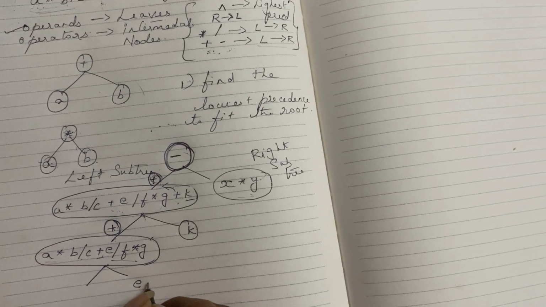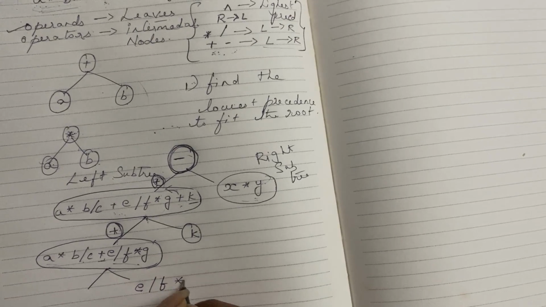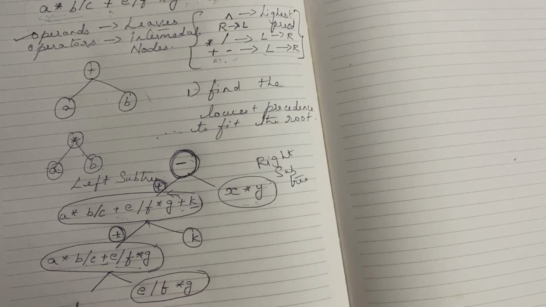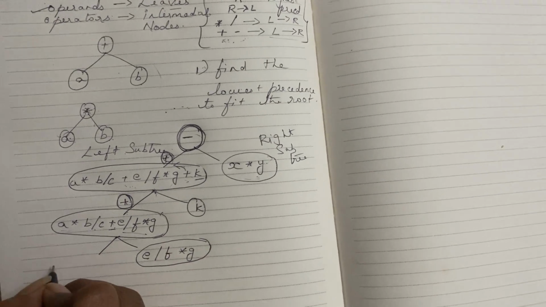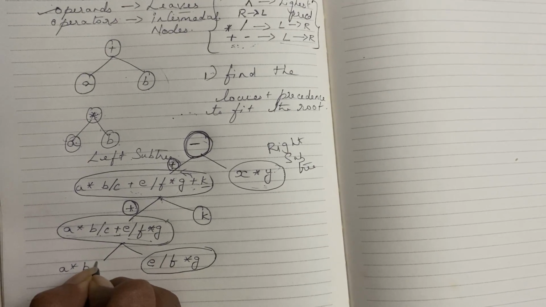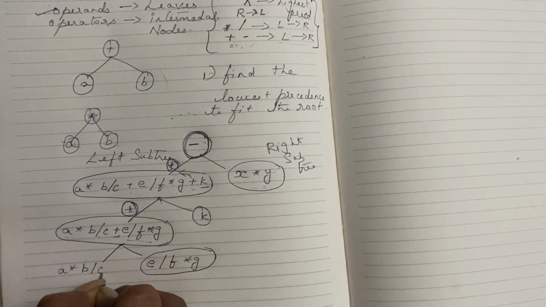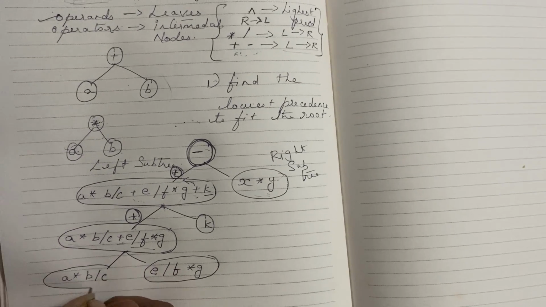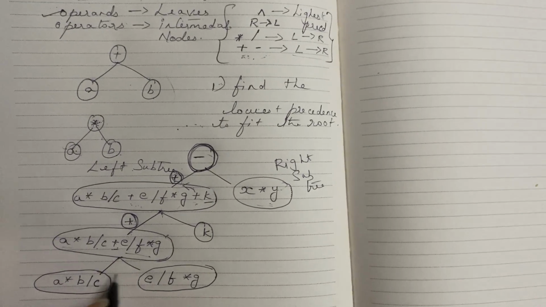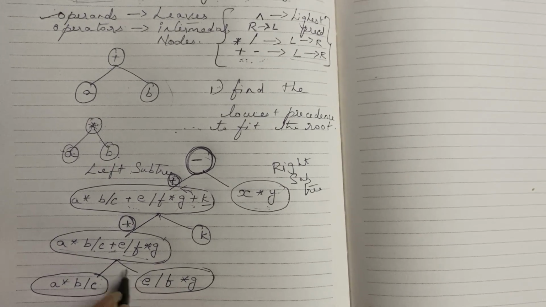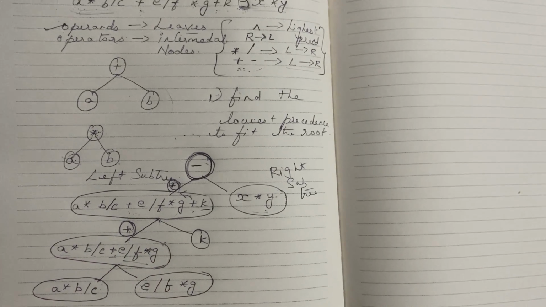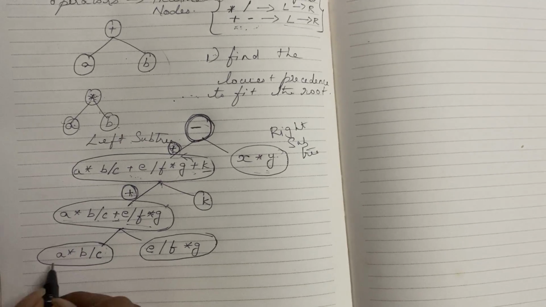So this side you have E by F into G. This is one node, and towards the left node you have A into B by C. Okay, so your expression is divided now, and you have these two as a left node and right node. For this, what is the node? The plus symbol here.